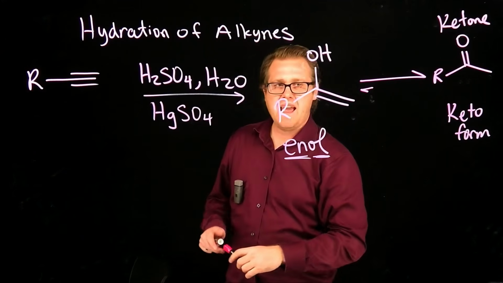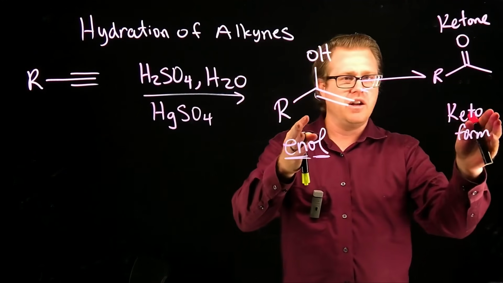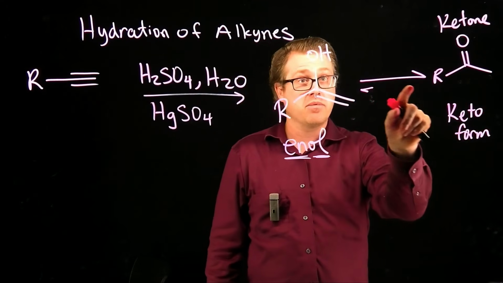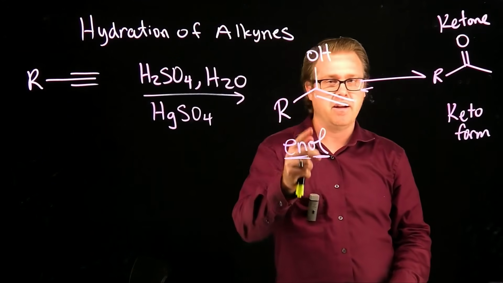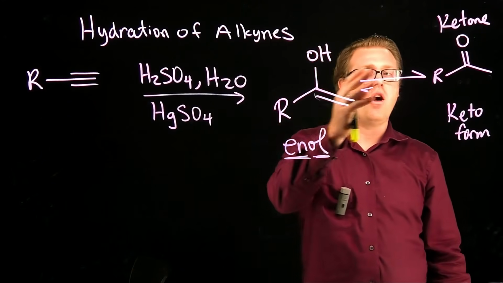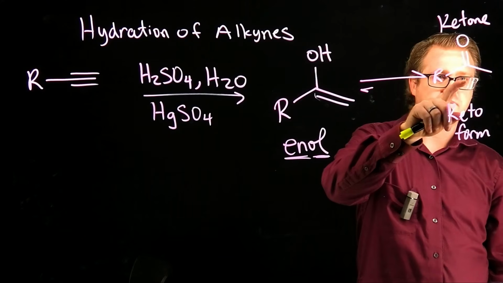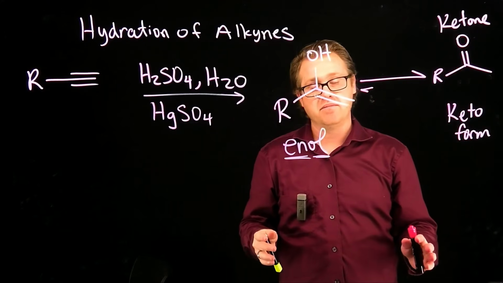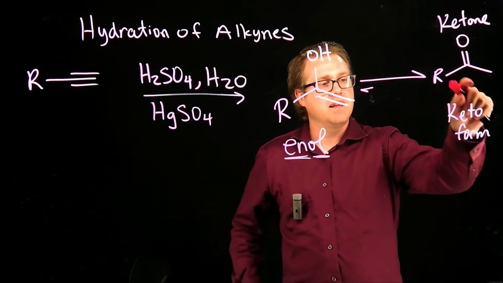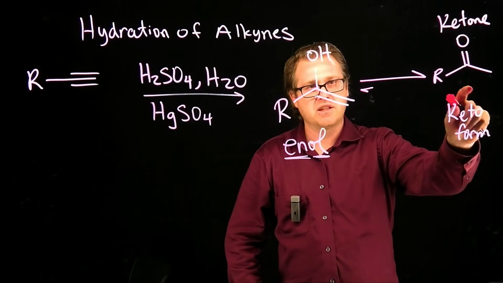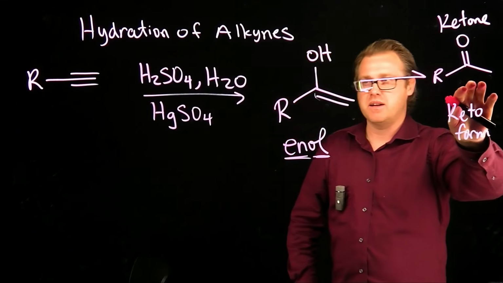So what we can say is this enol keto form is an equilibrium process. But once this reaction comes to equilibrium, almost all of the enol is going to go to the keto form. Generally speaking, we can always find exceptions, right? But generally speaking, the keto form is the more stable form and the prominent product.